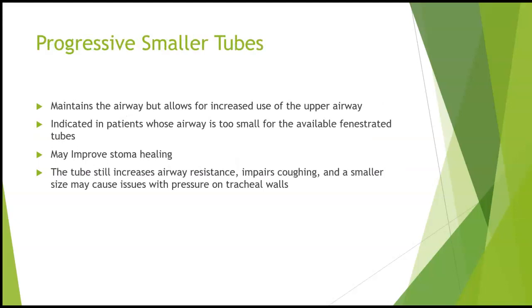When we're using progressively smaller tubes, this is similar to fenestration, but in this approach, we're increasing the use of the upper airway by putting smaller and smaller airways in the patient's trachea.